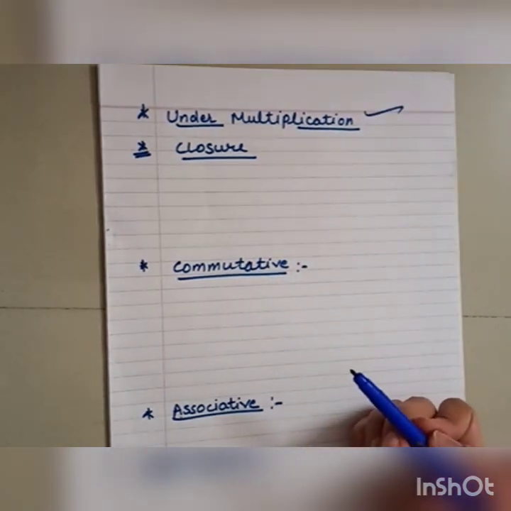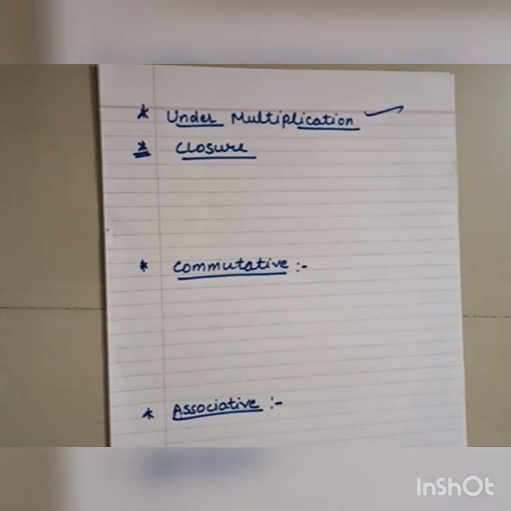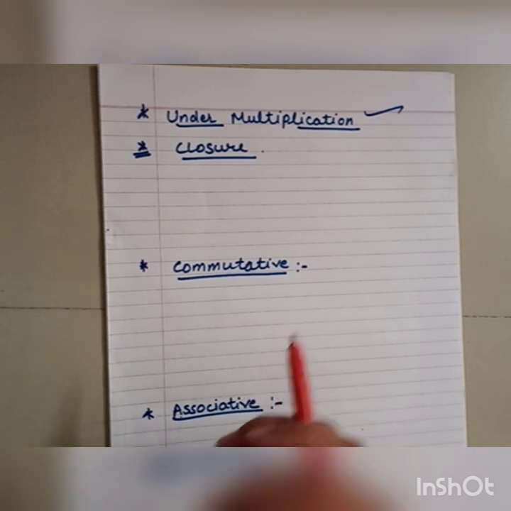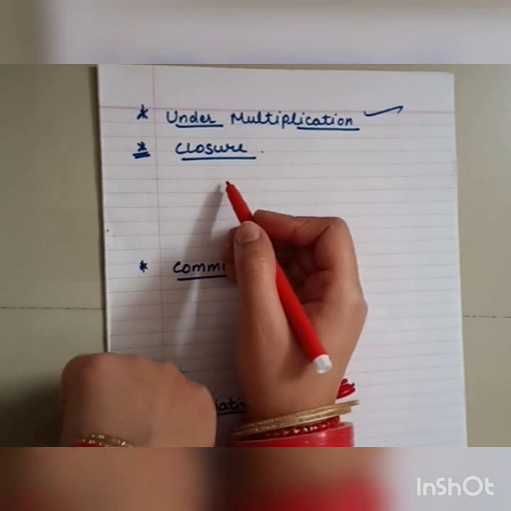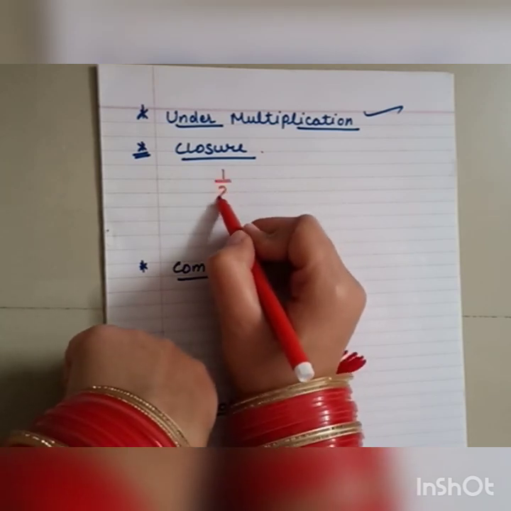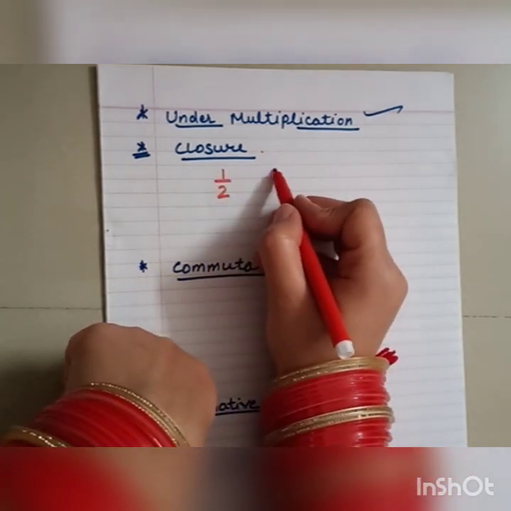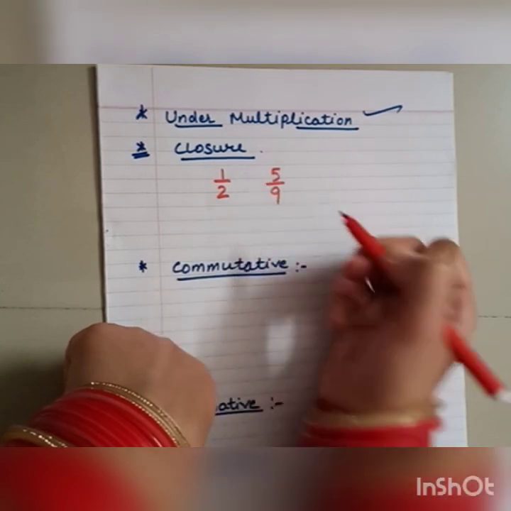Okay, now check one by one, same as addition. For closure, take any two rational numbers. When we multiply two rational numbers, we get a rational number. If our answer is a rational number, then the closure property is satisfied for rational numbers under multiplication. Suppose we take the first number as 1 by 2 and the second number as 5 by 9.